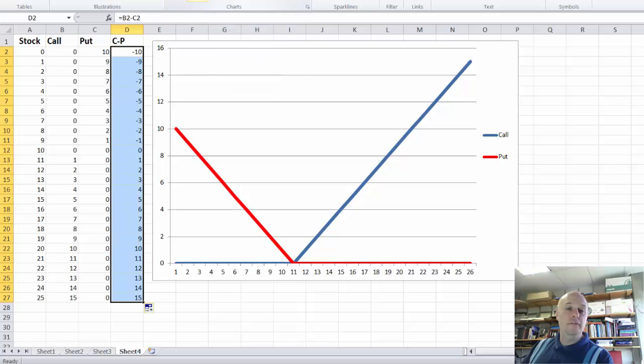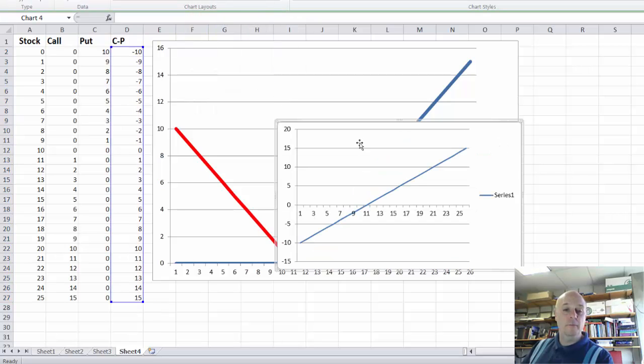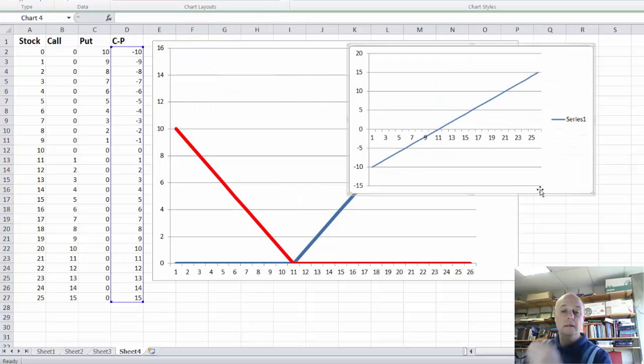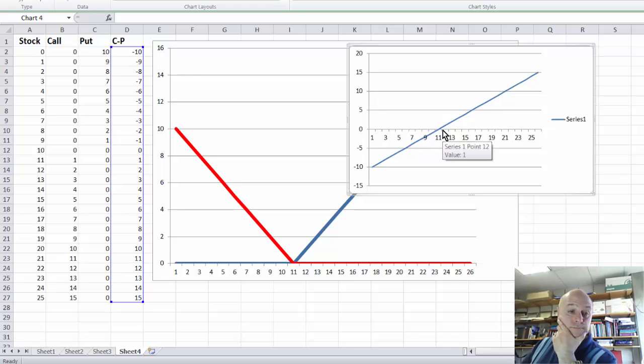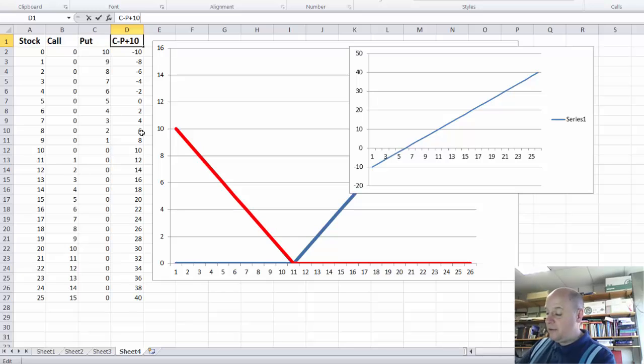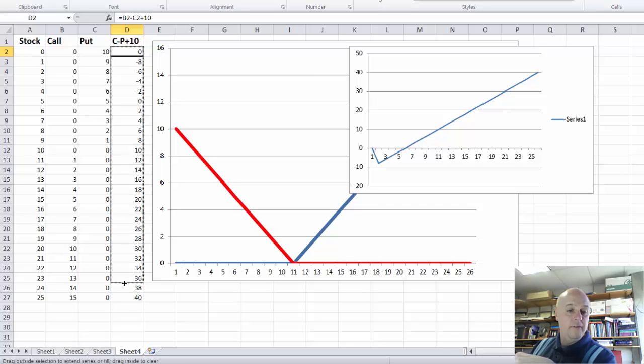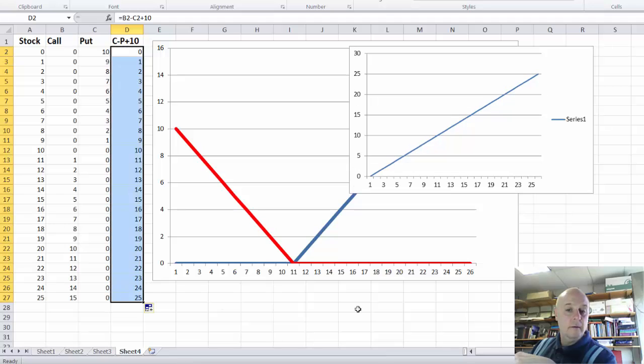When I short the put, that sort of flips the put upside down, multiplies the put by a minus, and I get a straight line that goes through the exercise price of 10. Let's just add the exercise price of 10. So I'm going to take that call minus a put and just add 10 to it.